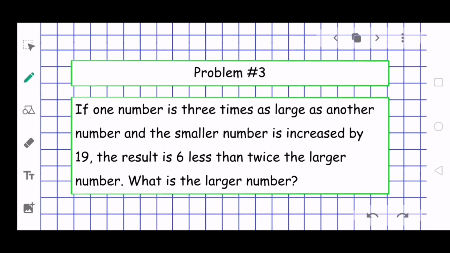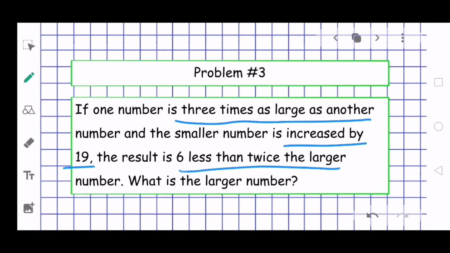We need to take note of these terms: 3 times as large as another, and increased by 19. When the smaller number is increased by 19, this results in 6 less than twice the larger number.